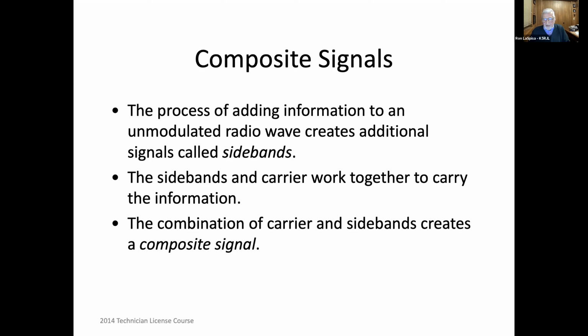Two sine waves get multiplied together, and you get some additional signals called sidebands. The sidebands and the carrier together represent what we just looked at on that previous slide, and together they carry the information from the transmitter to your receiver. So this combination of carrier and sidebands creates what is called a composite signal.